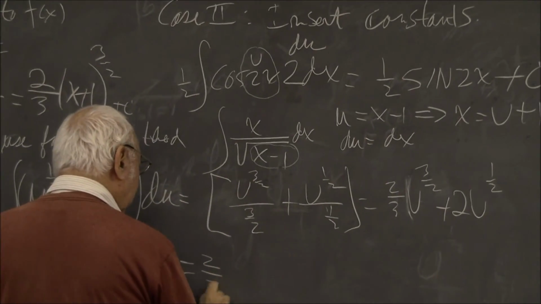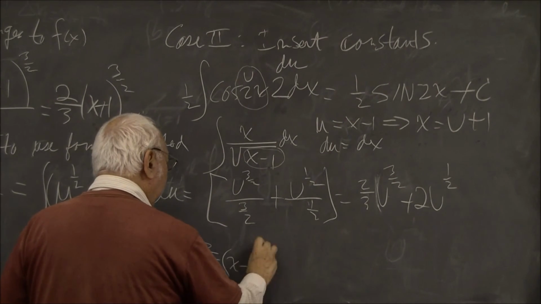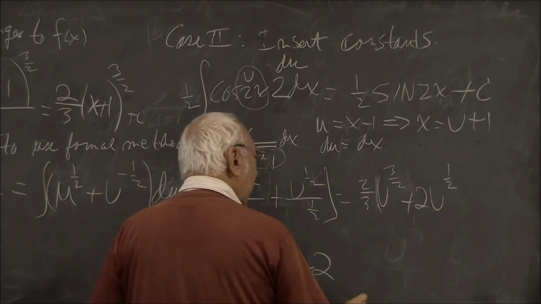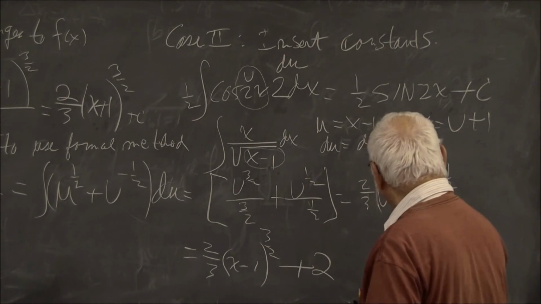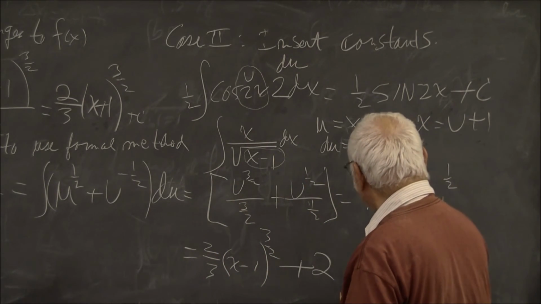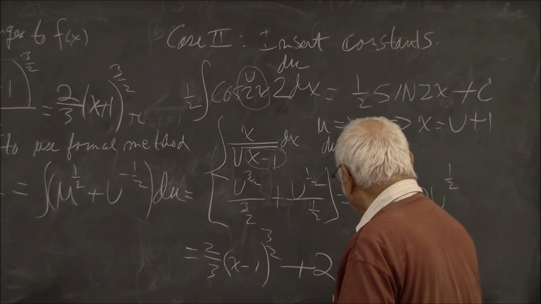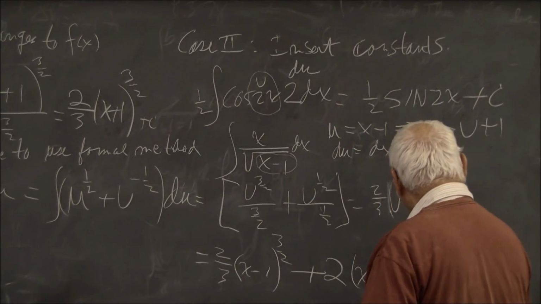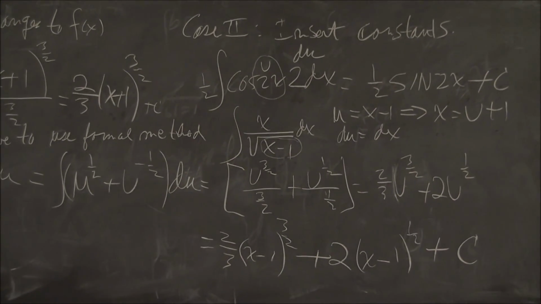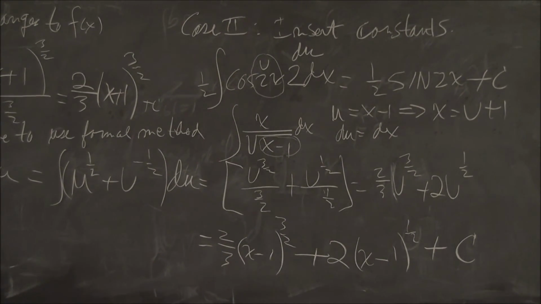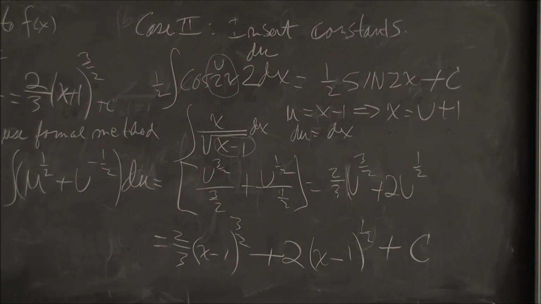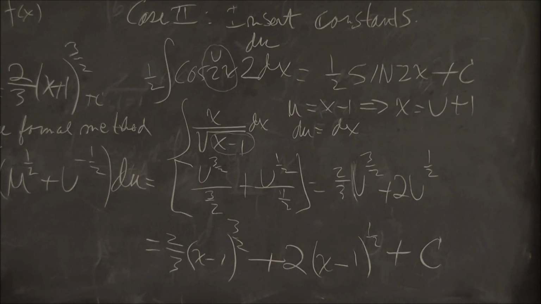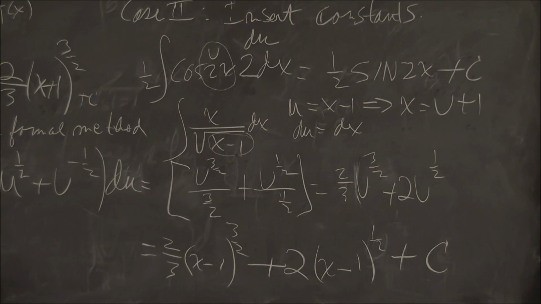So here's 2/3, and then x minus 1 to the 3/2 plus 2. We can put the square root of x minus 1, I guess. But I'll go ahead, and since I'm using fractional exponents, I'm going to call that 1/2, plus the constant of integration. Okay? So there you had no choice but to use the formal substitution rule, or change of variables, or chain rule for integrals.